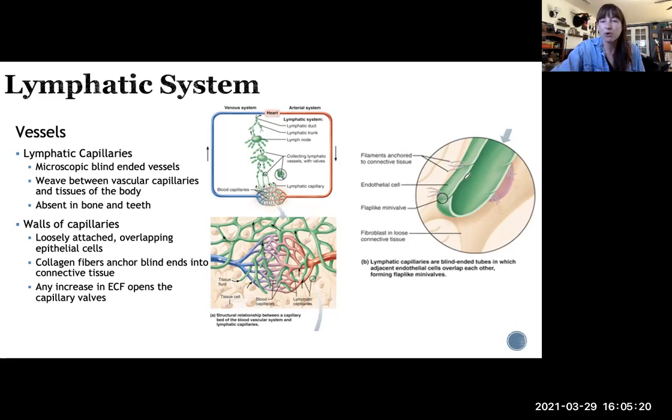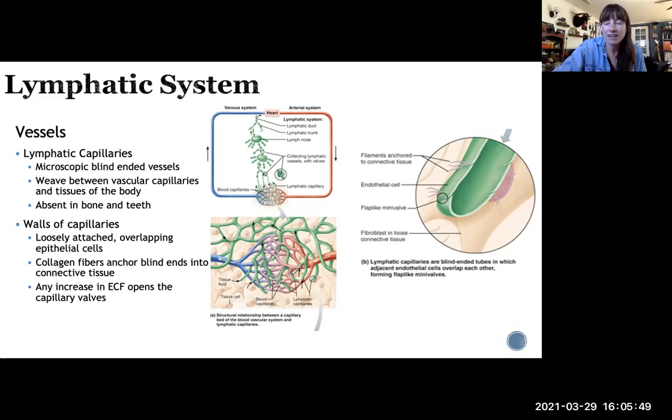But the walls of your lymphatic capillaries have this interesting overlapping flap-like structure that you can see here, as well as some strange little filamentous fibers, which actually help to anchor it to the connective tissue that these beds of capillaries throughout your body exist within, like so many things in your body do.